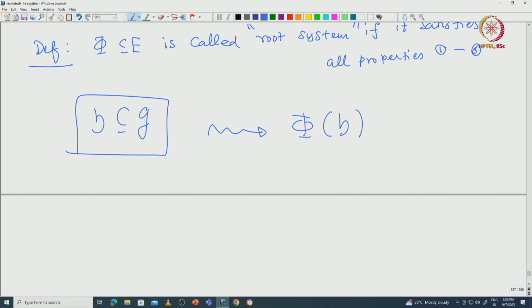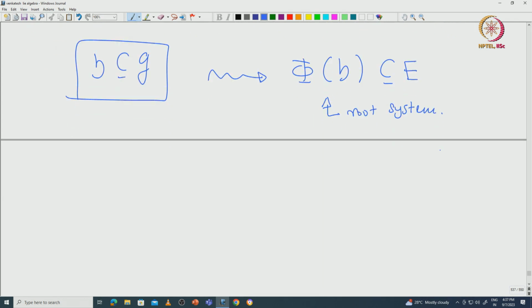So, given this pair G comma H, we have associated this phi of H, which is sitting inside this Euclidean space E. This is the root system that we have associated. Okay, later what we are going to prove, this is a look ahead.